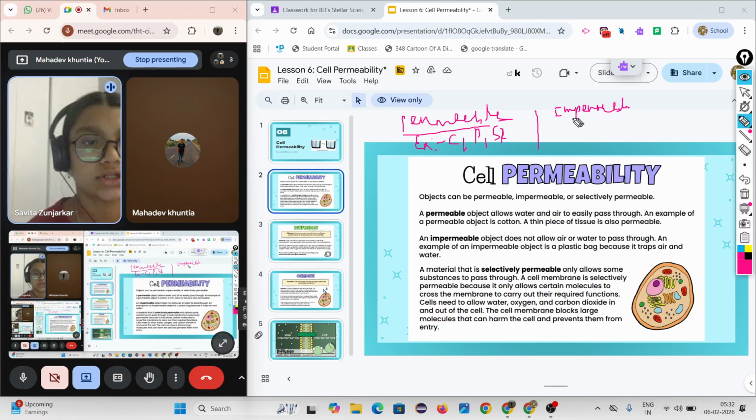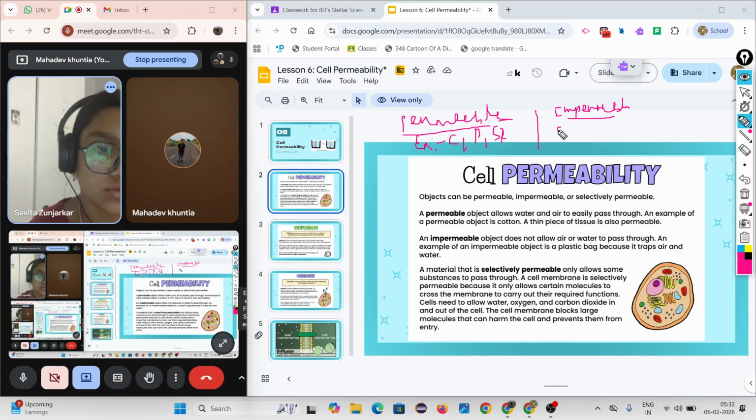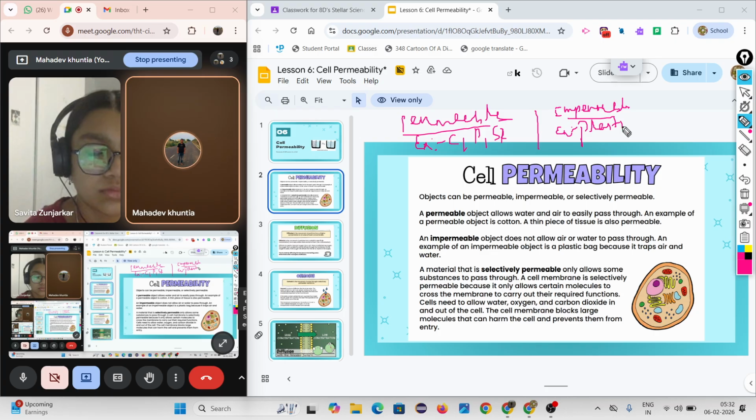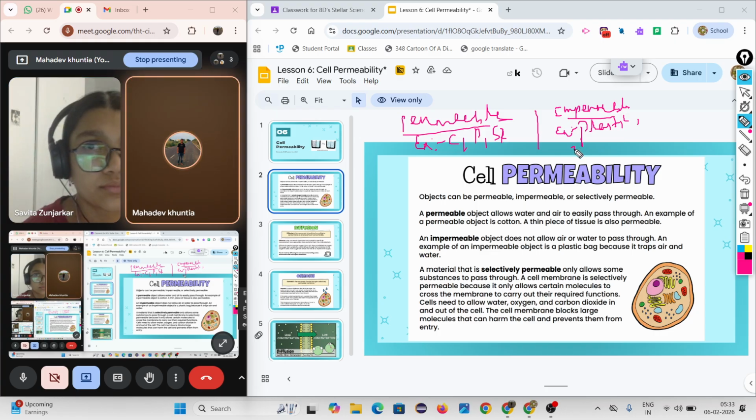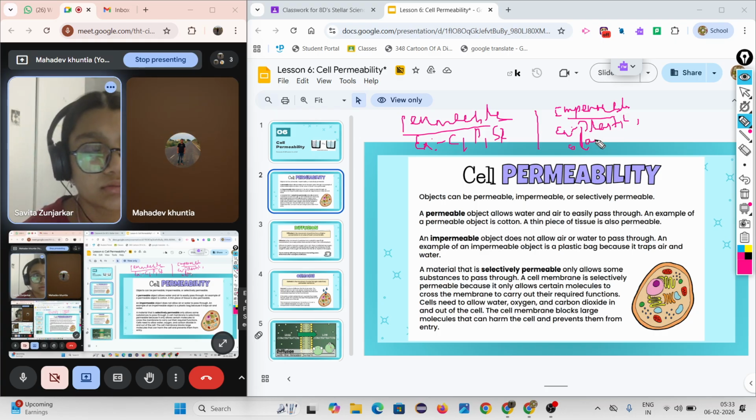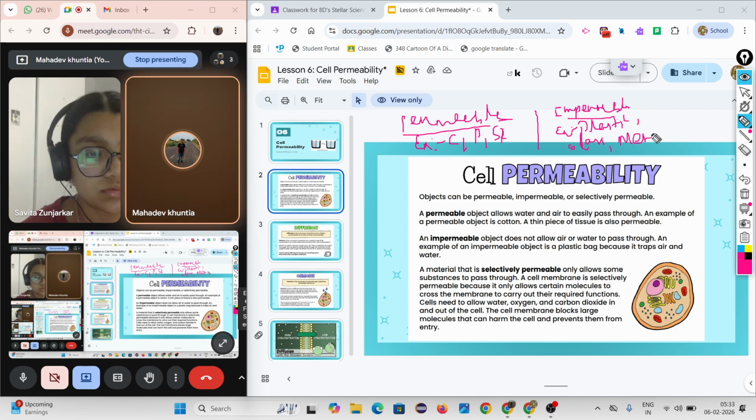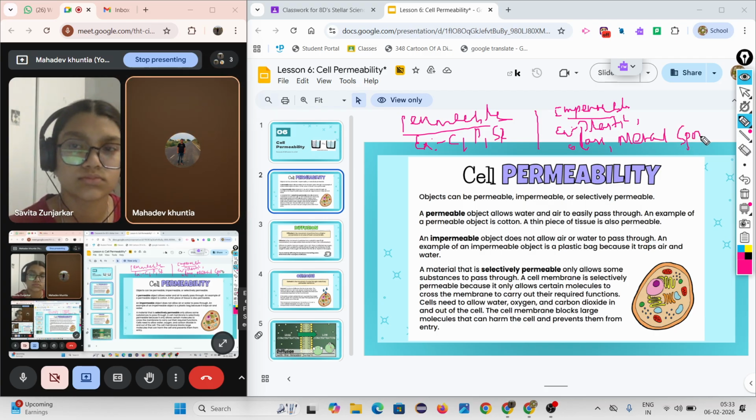It is when objects do not allow water or air to pass through, for example, a plastic box. Tell me another example of impermeable. Glass, glass water bottle, metal spoon.